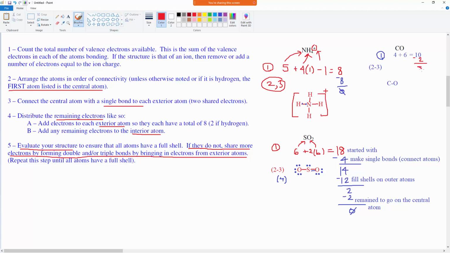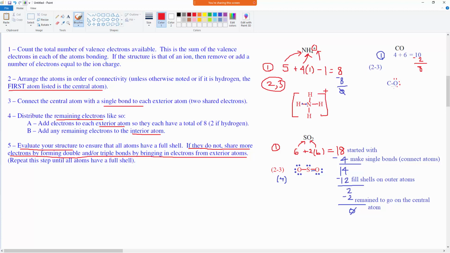I've got 8, okay. Then the next step says distribute the remaining electrons on exterior atom first, so they have a total of 8. Follow the rules. Do not say, well, there's 2, so I'm just going to put 4 on each. No, no, ma'am. No, sir. Carbon gets to be central, so we're going to put electrons on exterior atoms first.